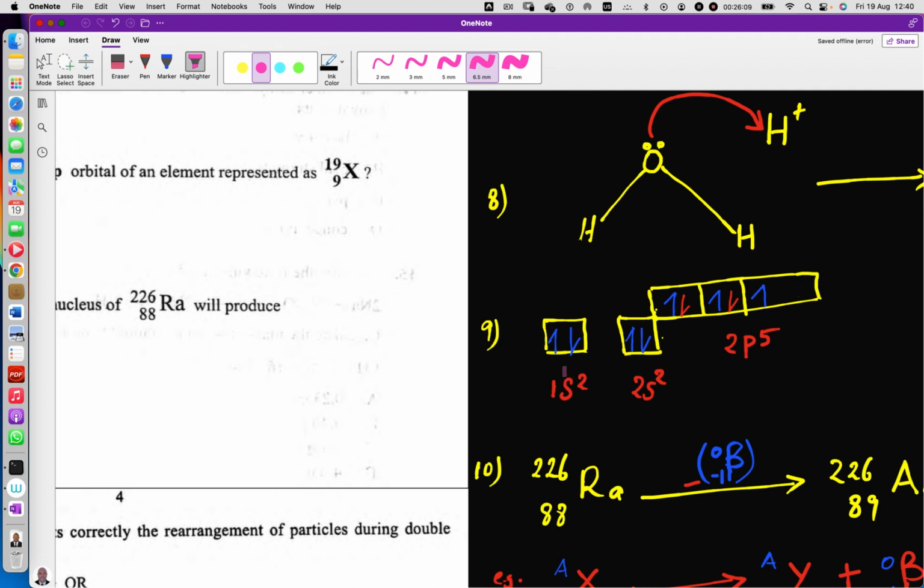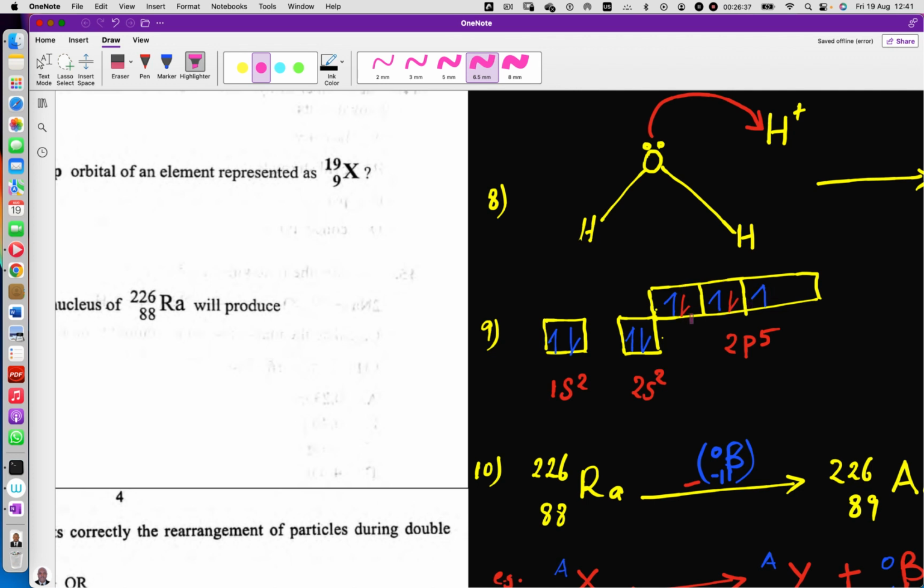So we have filled the first 2 orbitals, and from 9, 4 electrons have been used. We are now left with 5 electrons to fill here. According to Hund's principle, we first fill each one singly, then we start pairing them.